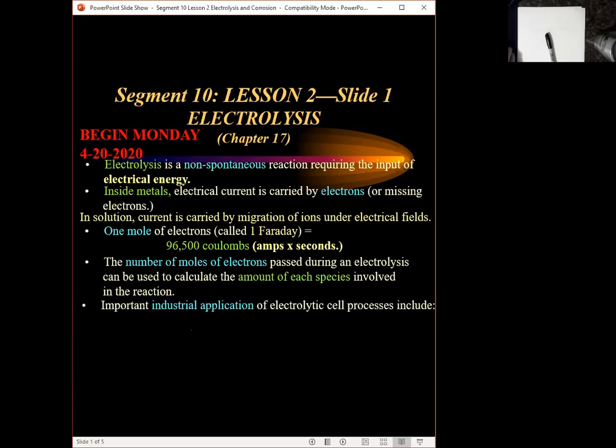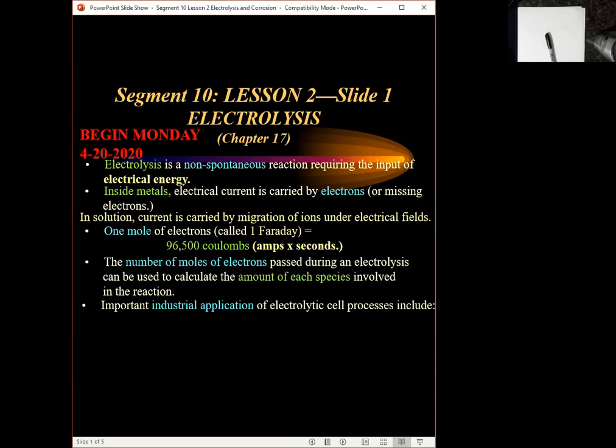Now, we do have a lot of industrial applications of electrolysis. The most notable one, I think, is aluminum. Aluminum is the most abundant metal on Earth, yet for most of our history, it was extremely expensive because you couldn't get it from its ore. The oxide of aluminum is extremely stable, and you can't just throw a little bit of charcoal in it and stew it up and reduce the aluminum out of that oxide like we do iron from iron ore.